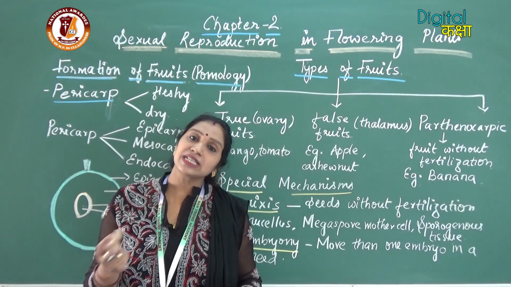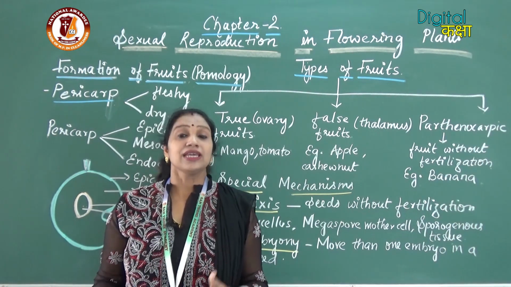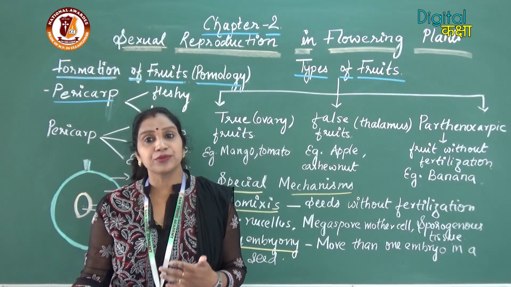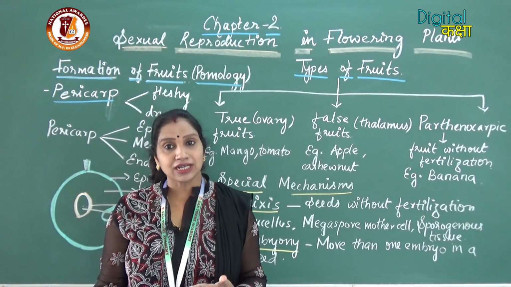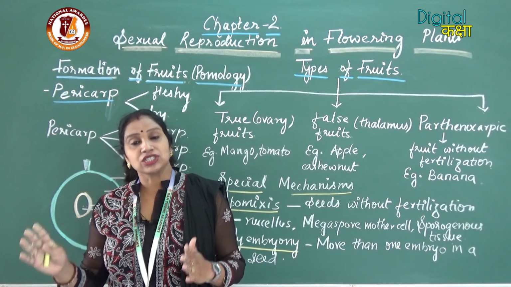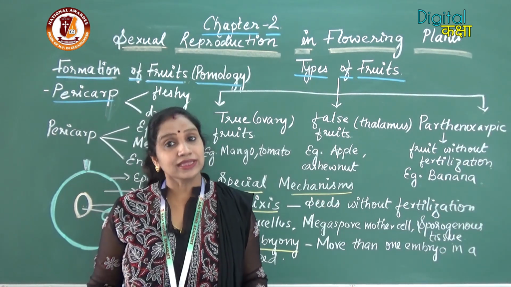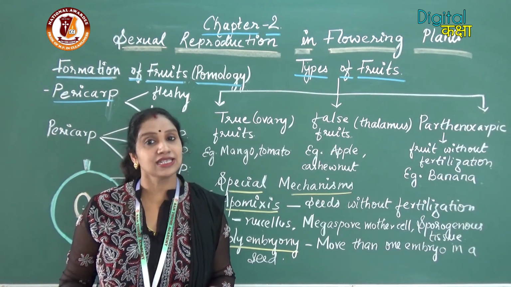Now these four cells will independently form the embryo. In this way, the single zygote is not going to form a single embryo or a single plant, but when the division occurs in the zygote, each cell will be forming the embryo. So in this way, multiple embryos will be present inside a seed.